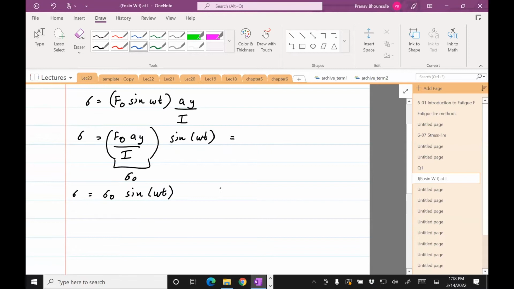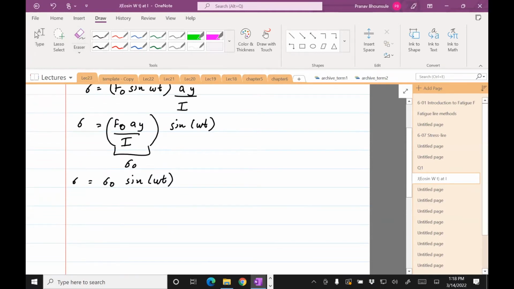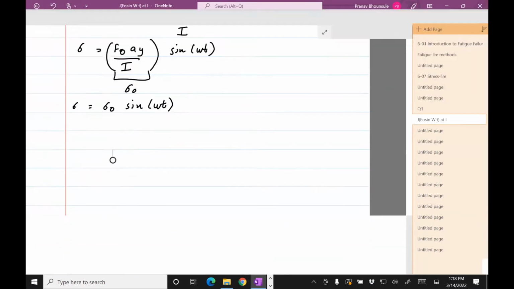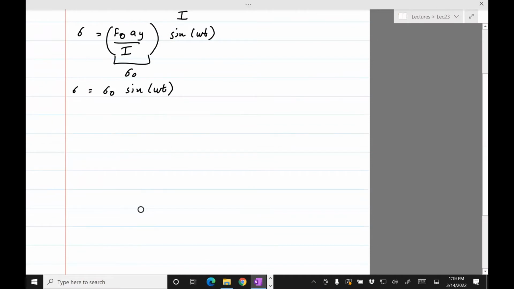So this is a cyclic loading, as you can see. What it means is that if you now plot sigma as a function of t, then you should see something like this, right?